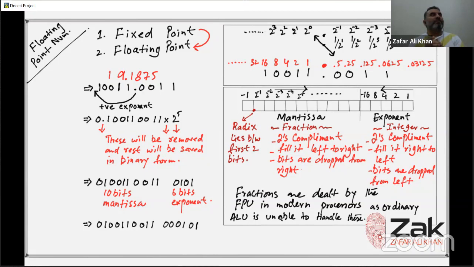And before Pentium's invention, before Intel Pentium processors, there used to be a chip called Math coprocessor in 286, 386, 486, 386DX. These Math coprocessors used to do this job. So whenever the processor has got a real number, a decimal number, a fraction number, it used to send it out to the Math coprocessor earlier, and nowadays it is being sent to the FPU, floating point unit.